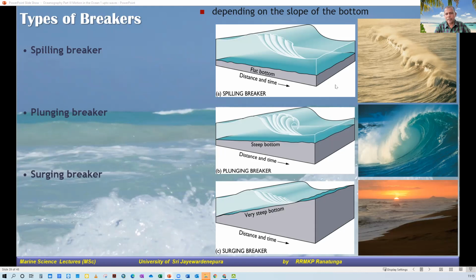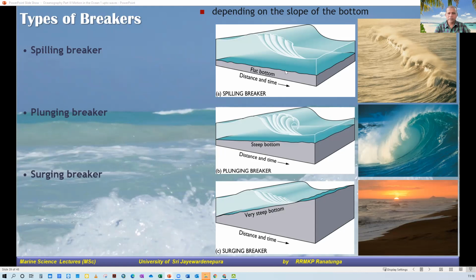That is the shape of the bottom. The nature of the bottom, whether it is a fully flat bottom, or a steep slope towards the sea, something like in the middle, or a very steep bottom, like a huge slope in the beach. All these different types of breakers actually depend on the type of bottom.